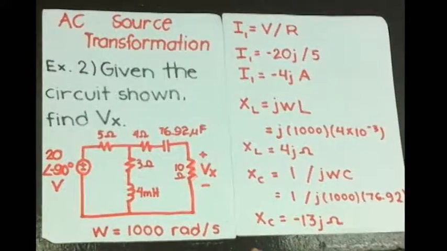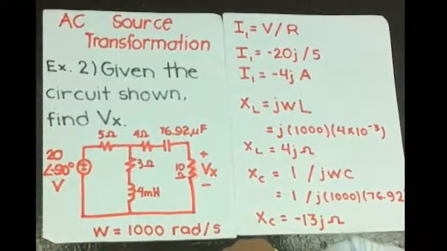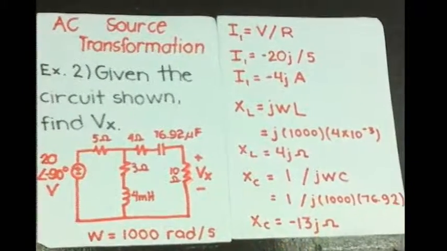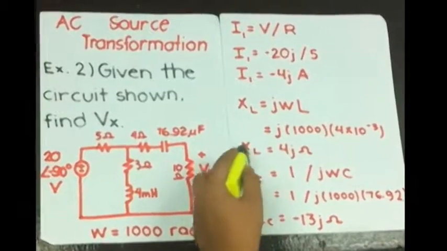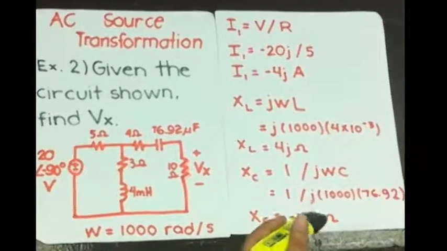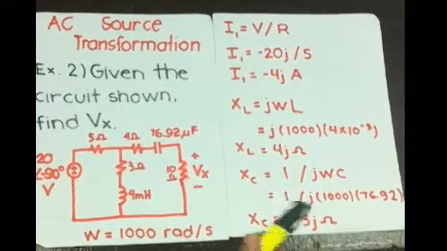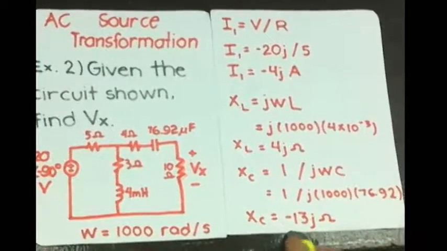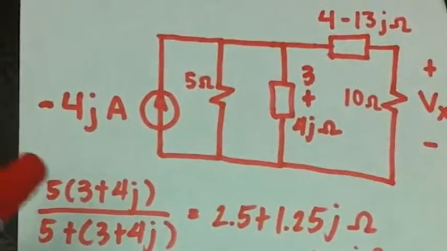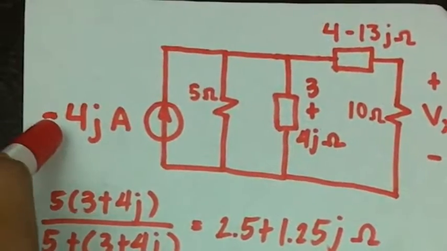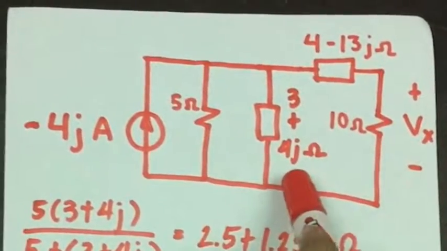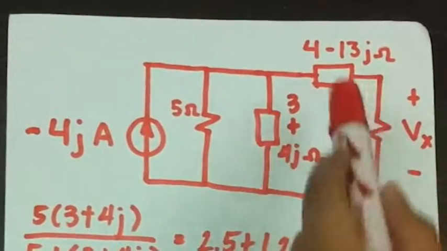Next, to determine the reactance of the inductor, we have XL is equal to jωL. Substituting the values, we have 4j ohms. Next, to determine the reactance of the capacitor, we have 1 over jωC. Substituting the values, we'll get negative 13j ohms. Redrawing the circuit, we have the new current source, negative 4j amperes, parallel to the same resistor 5 ohms, an impedance of 3 plus 4j ohms, 4 minus 13j ohms, and 10 ohms.